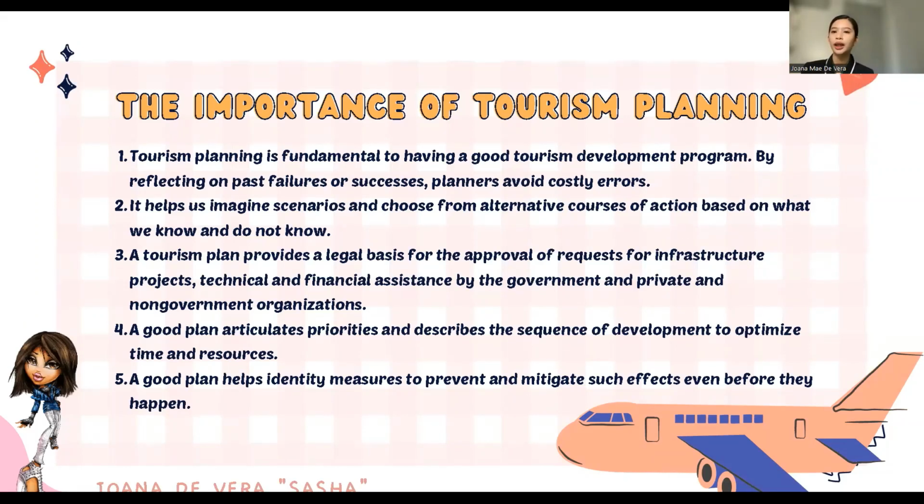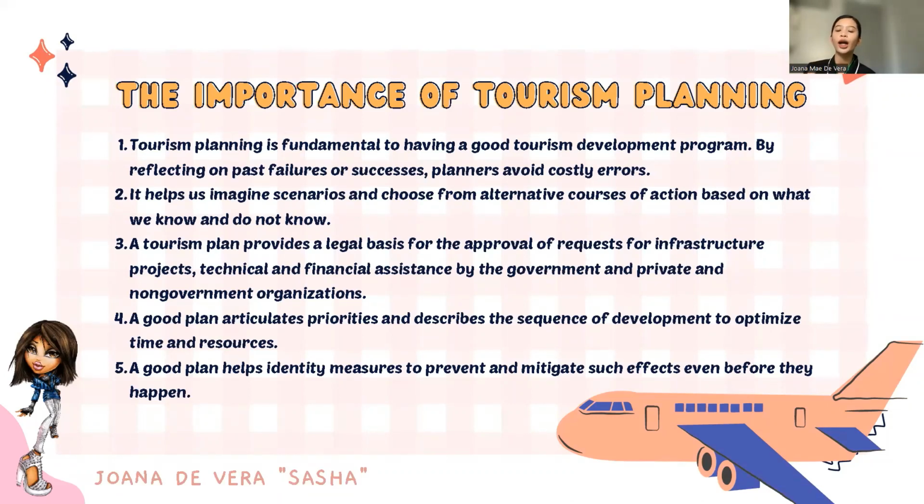Planning is about making decisions based on available resources and opportunity. Planning is a process of determining goals and systematically selecting alternative courses of action to achieve those goals. So by tourism planning, we can imagine scenarios, and it allows us to explore a wide variety of destination development options that may arise naturally, organically, or by design as the future unfolds.